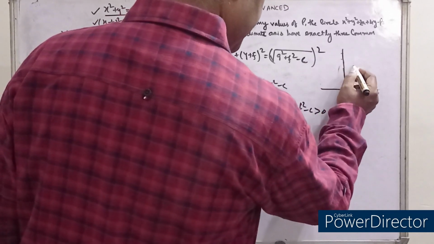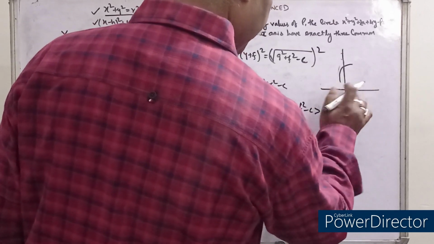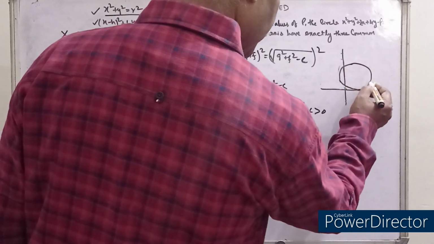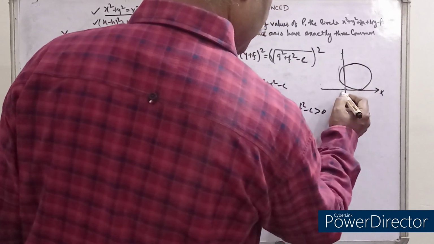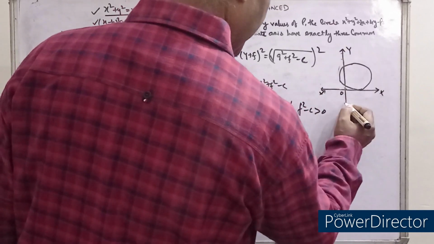The circle will be somewhat like this: x o x dash and y o y dash.